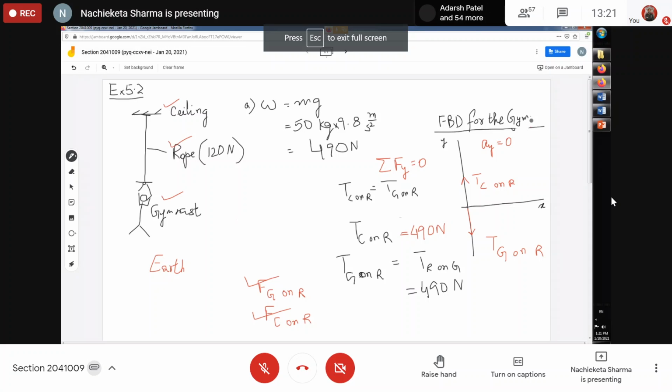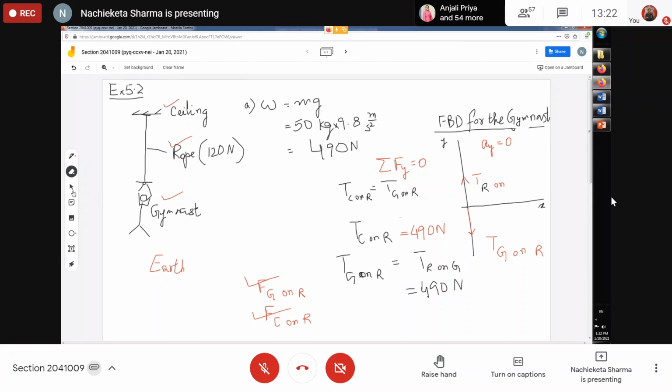Okay, again they are all in equilibrium. And what are the forces acting on the gymnast? The gymnast is being pulled by the rope, so here I will write tension of the rope on the gymnast.